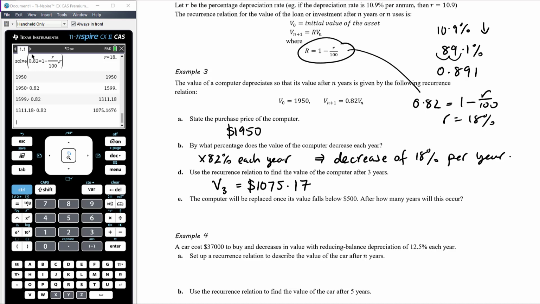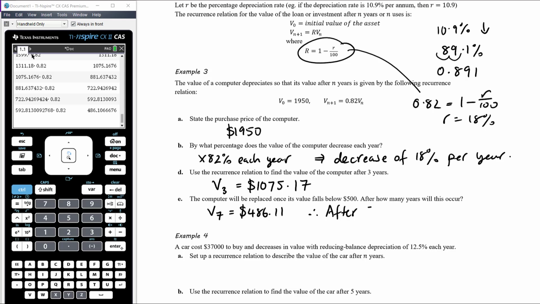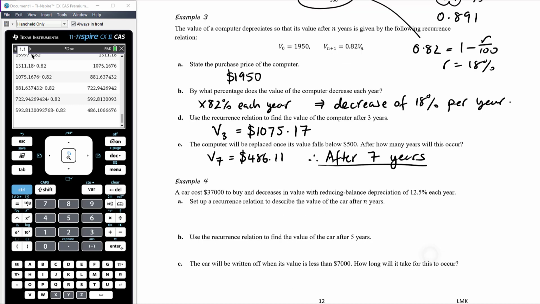After how many years will this occur? Okay, so we've now done 3 years, 4, 5, 6, not quite, 7. Okay, so V7 is $486.11. So therefore it will be after 7 years that we will replace the computer. It's quite a long lifespan for a computer, really.